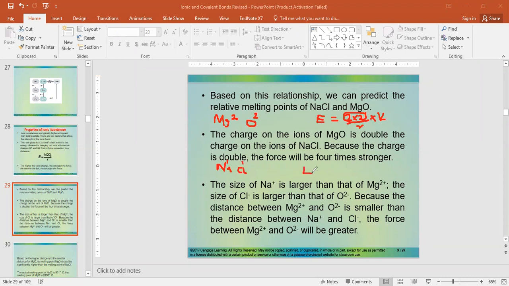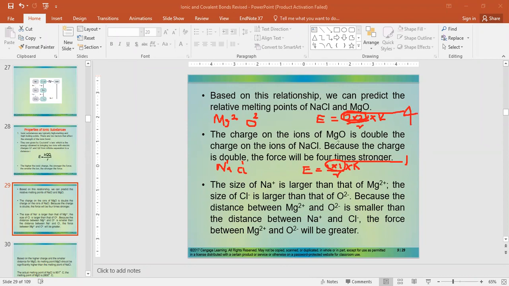Therefore, E will be equal to 1 times 1 divided by R multiplied by K. So holding all the other factors constant, if you compare this one, you know this one will give you 1. And if you look at this one, it will give you 4.